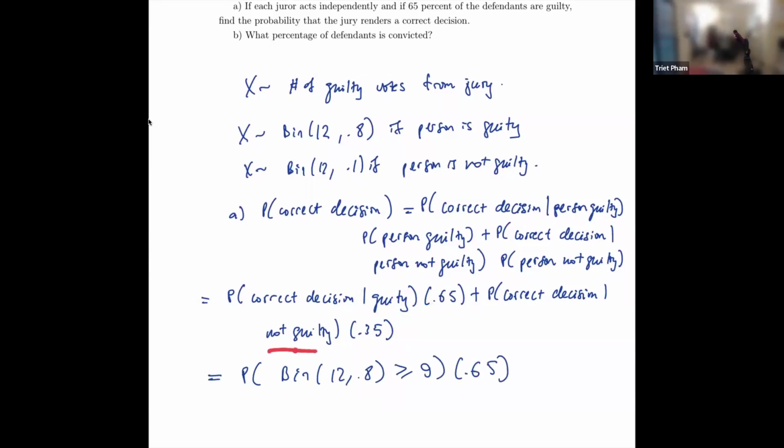But if a person's not guilty, then they should not be convicted, right? And so that would be the complementary probability for the binomial with 12 and 0.1.